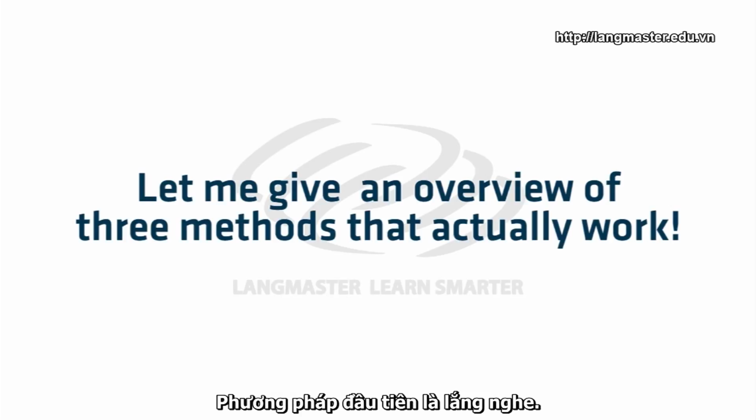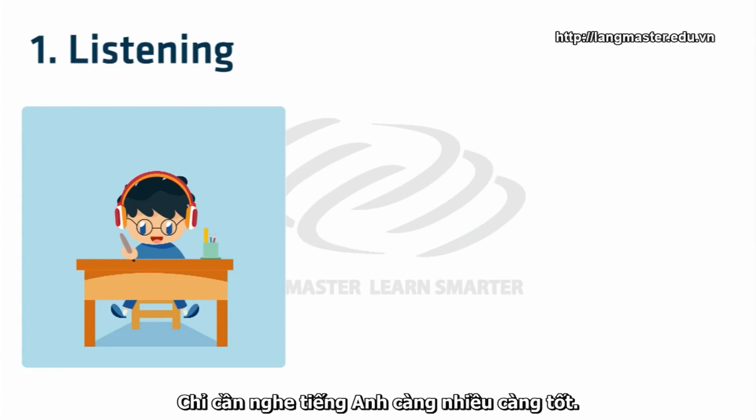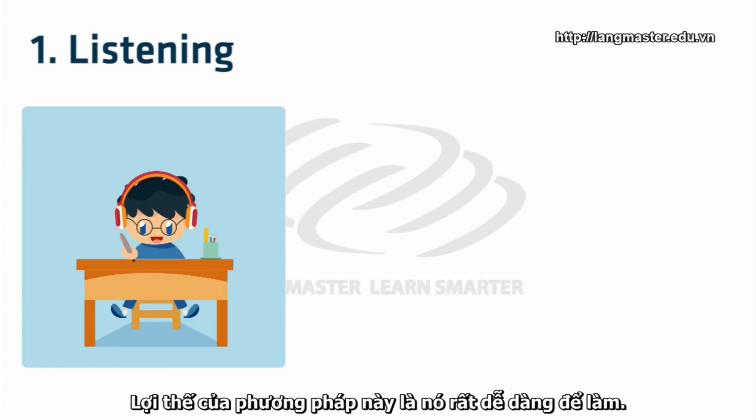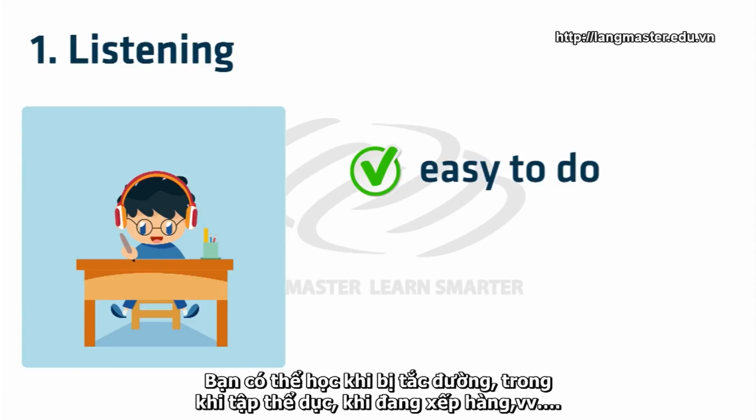The first method is listening. Just listen to English as much as possible. An advantage of this method is that it's very easy to do. You can do it while you're stuck in traffic, whilst exercising, whilst waiting in line, and so on.